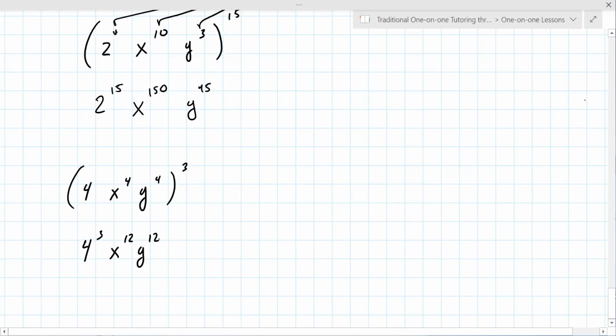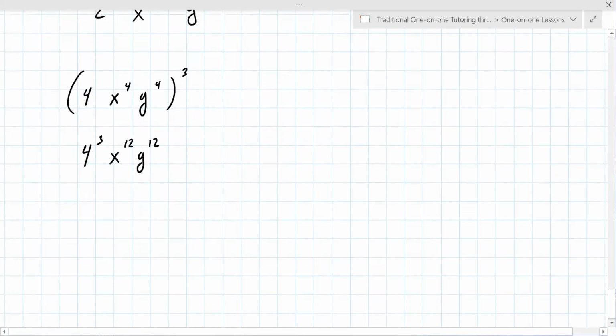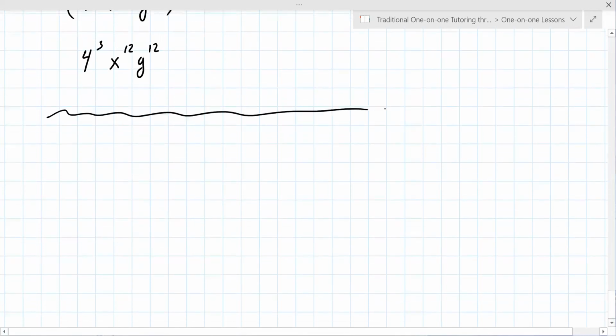Yeah, got it. That's what I got. Great. Okay, so now before we go on to 11 and 12, I want to just redo the ones from earlier. I want you to see if you remember how to do these.